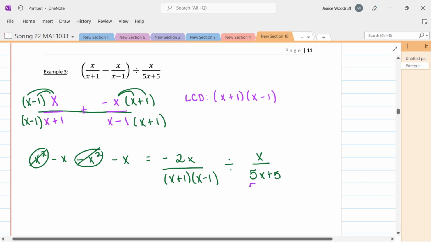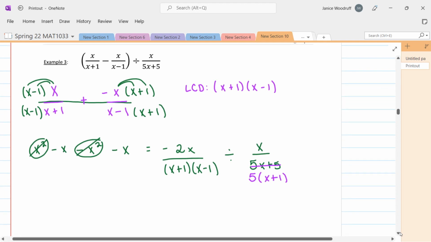I can pull a 5 out and get x plus 1. Okay, then I do my division, which is I'm going to keep the first fraction as negative 2x over x plus 1, x minus 1. I'm going to change the division to multiplication. And I'm going to flip this fraction into 5 times x plus 1 over x.